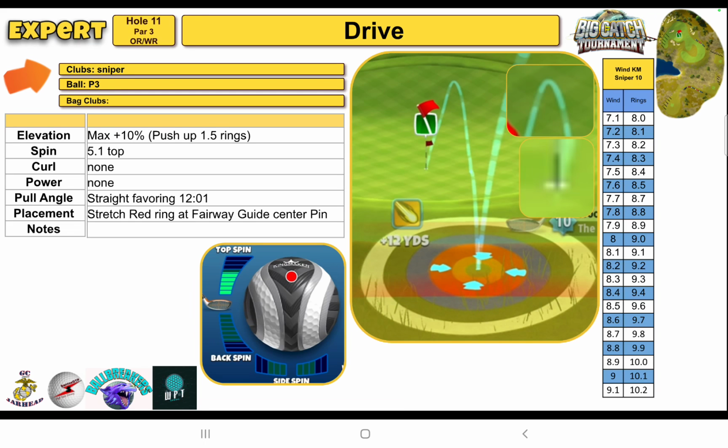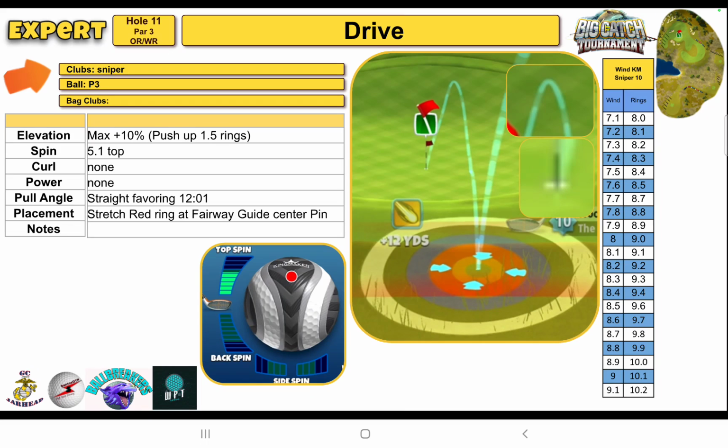So I was going to go over a couple of different shots that we used in the Big Catch tournament here. This is hole 2 in the last tournament, and we took 2 different approaches based off of the wind direction on the same hole. Here you see we had a slight cross tailwind angle, and we were playing this at 10% elevation because that was its base elevation.